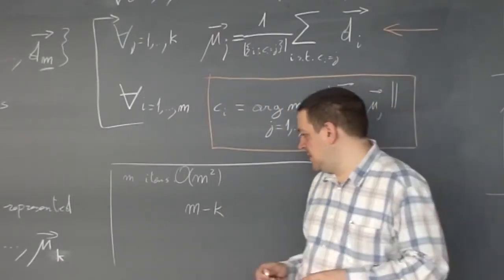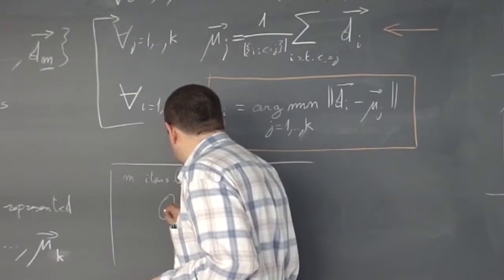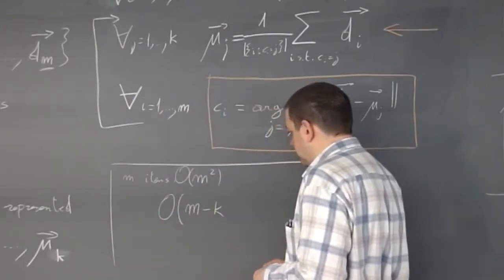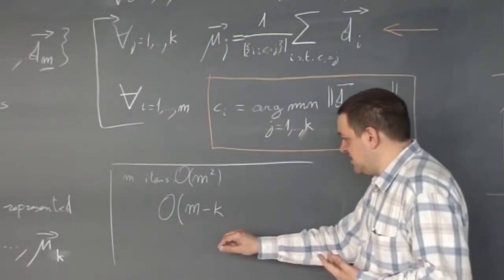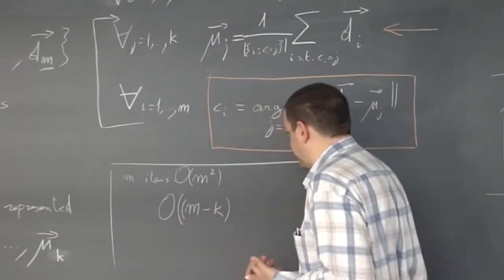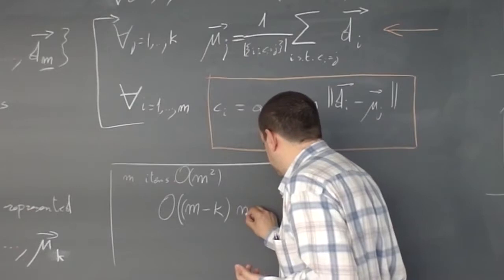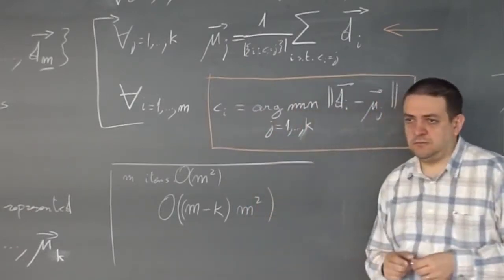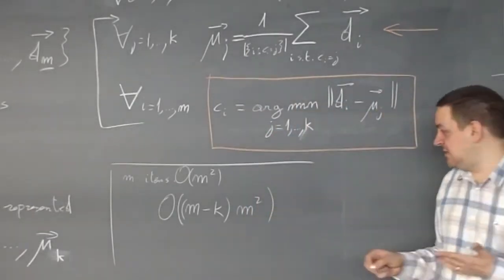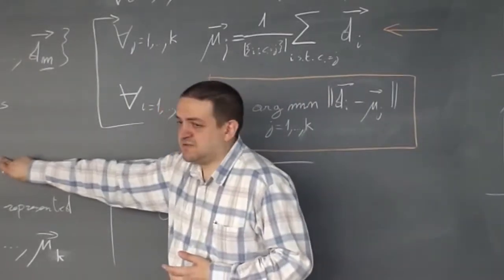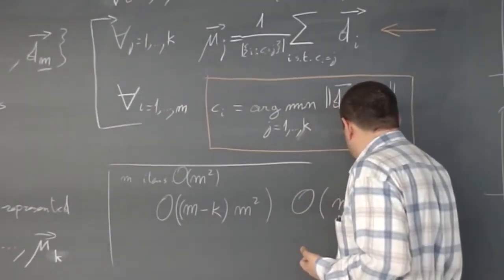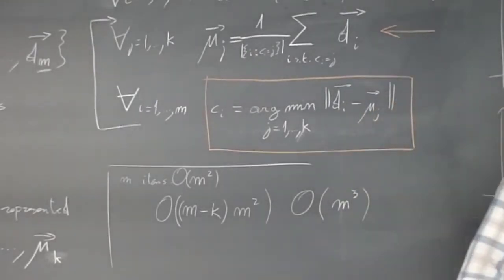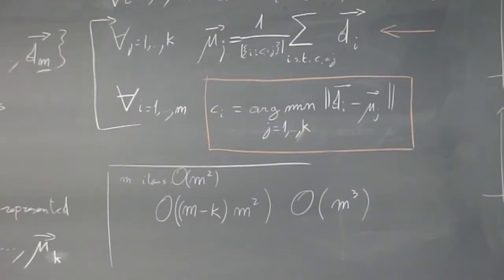So actually, the agglomerative procedure that finds k clusters is of the order of (m minus k) times m squared. And if we assume that k is much smaller than m, we are actually dealing with an m cubed procedure.